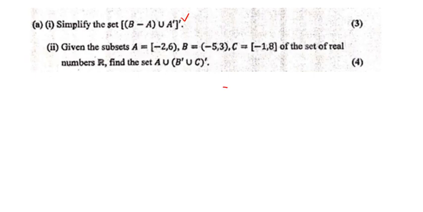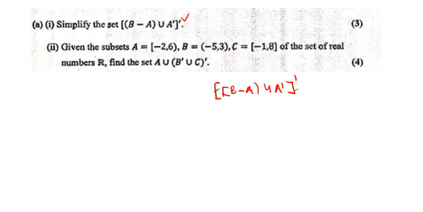So we have B minus A, open bracket, then union A complement like that, then this is curly brackets, then complement. So what do we do? Yes. We distribute this complement and destroy these brackets.